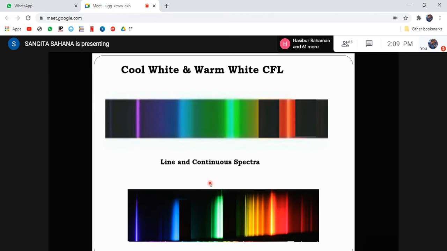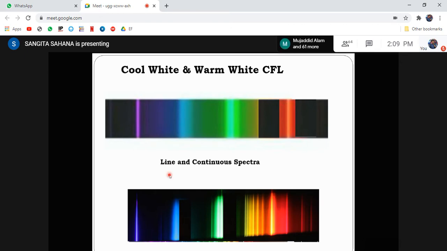So if you see these two figures at a time, for cool white light, which will emit the bluish light, you can see the maximum radiation is in the bluish greenish region, and it's very minimum in the red yellow orange range. But for the warm white, the maximum radiation is in the yellow reddish region, and it's very less in the lower wavelength region.